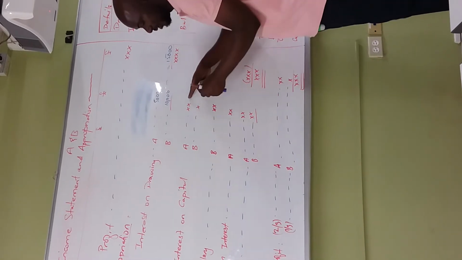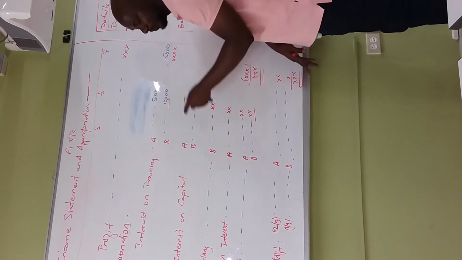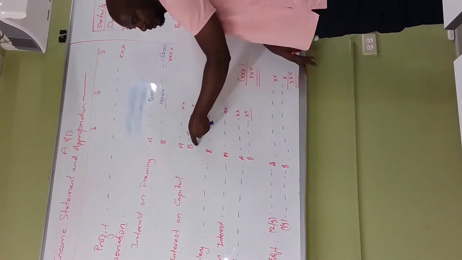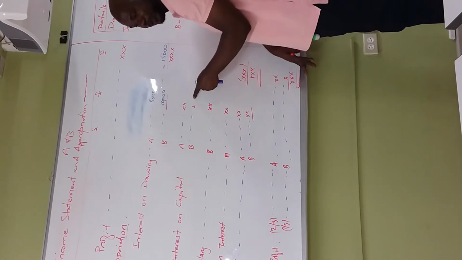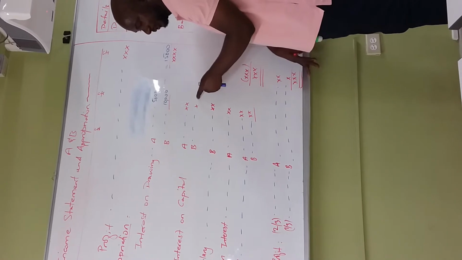So the interest that they're paid on capital will be 50,000 here. And whatever partner B would have contributed as their capital, you're going to calculate 10% of that capital, and that also will be inserted here, whatever that interest calculated to be.